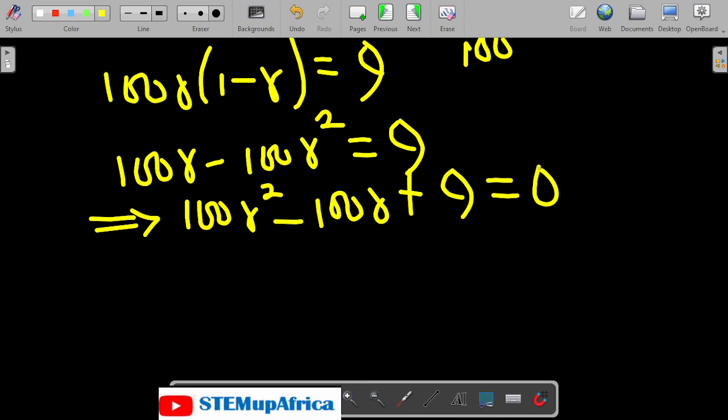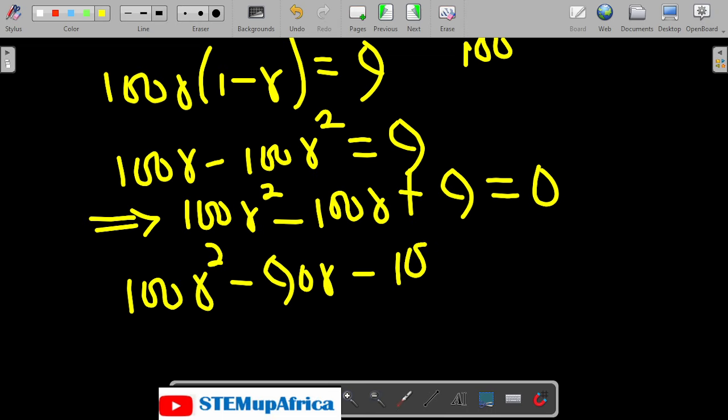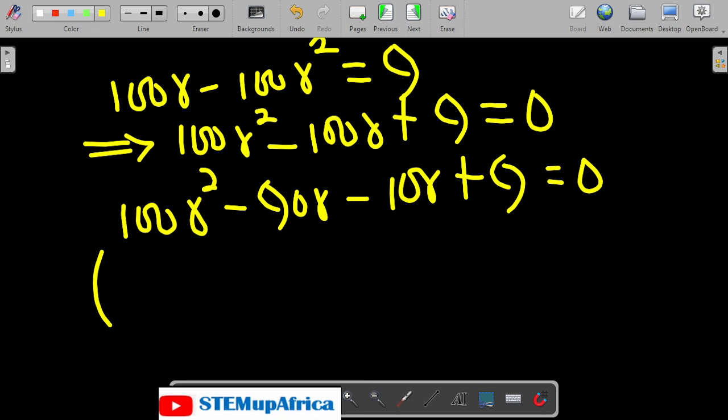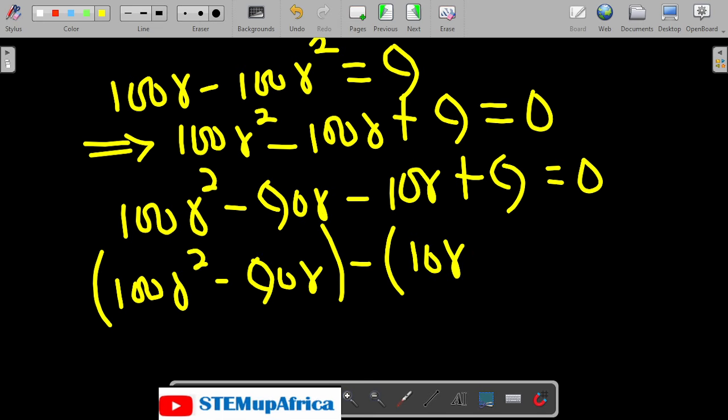It's minus 90 and minus 10. So I'm going to have 100 r squared minus 90 r minus 10 r plus 9 is equal to 0. I'll bracket the first two, which is 100 r squared minus 90 r, and the last two, minus 10 r plus 9, is equal to 0.